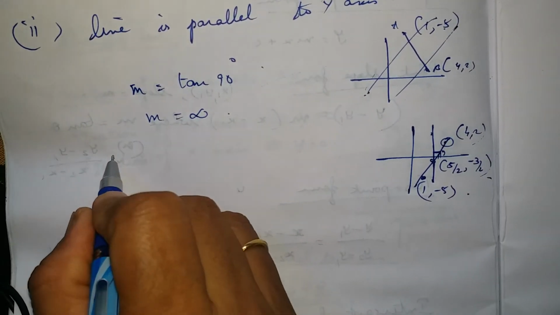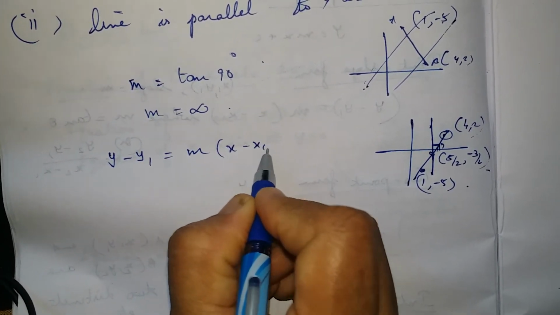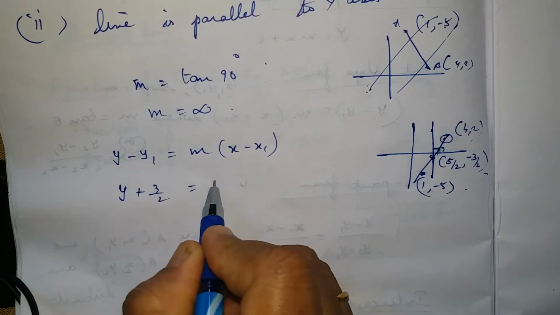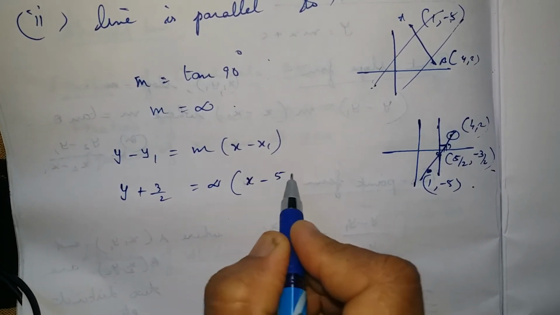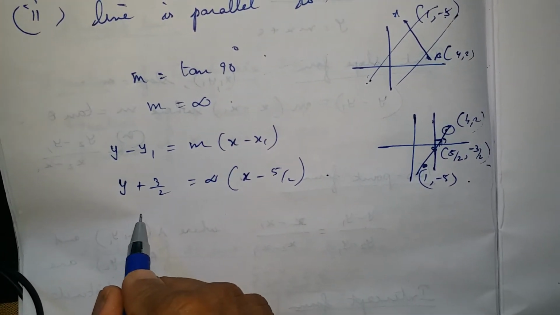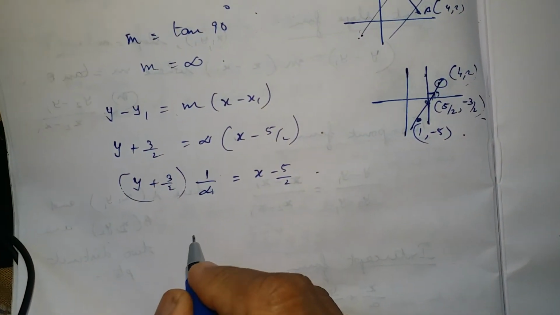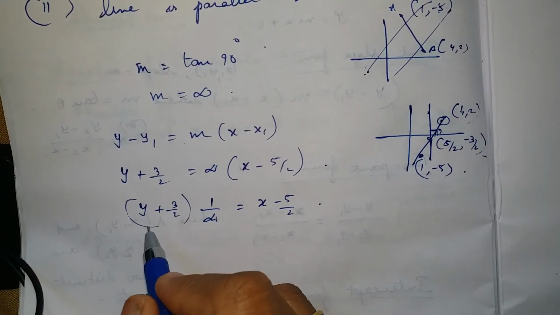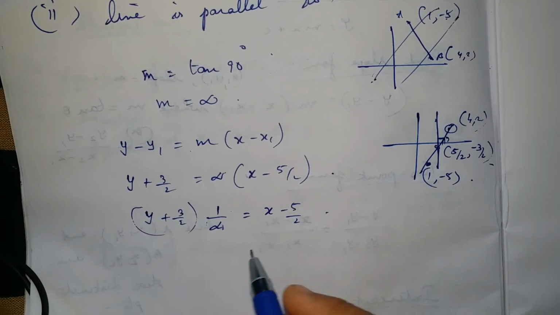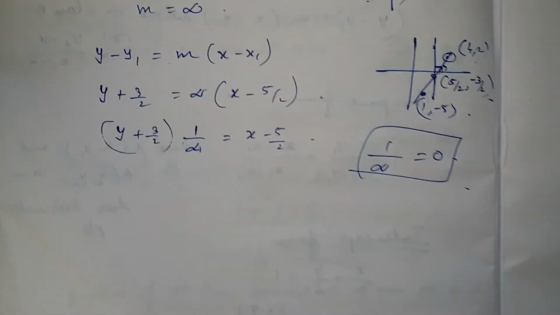So in your formula you can apply y minus y1 is equal to m into x minus x1. So y minus y1 is what? y plus 3 by 2 is equal to m, which is infinity, into x minus 5 by 2. I bring this infinity down, so you will write (y plus 3 by 2) into 1 by infinity is equal to x minus 5 by 2. 1 by infinity is equal to 0, you can remember that 1 by infinity is 0.